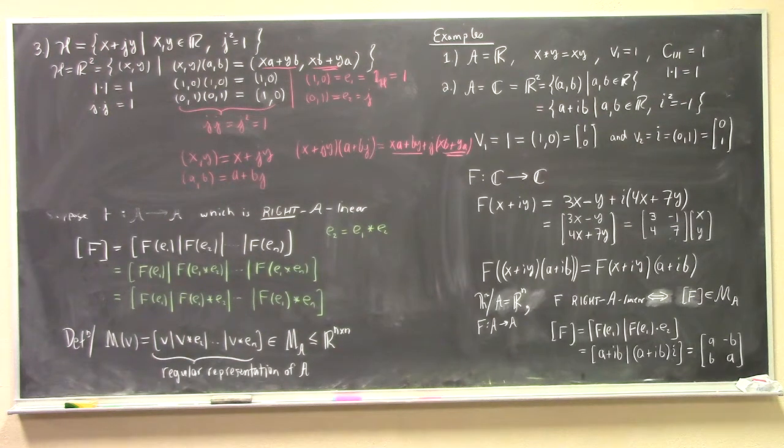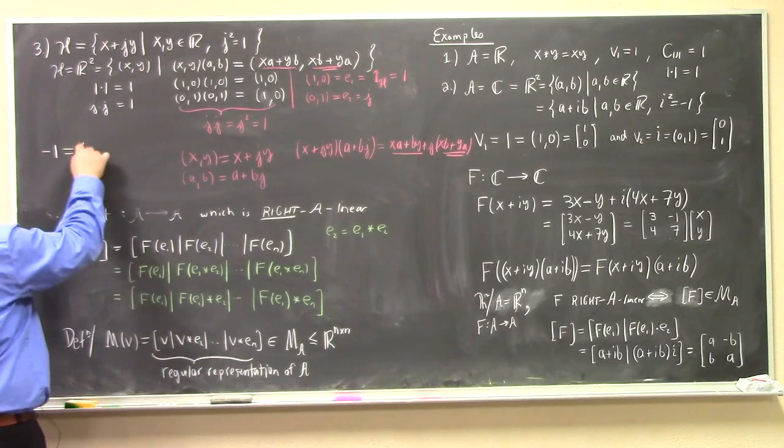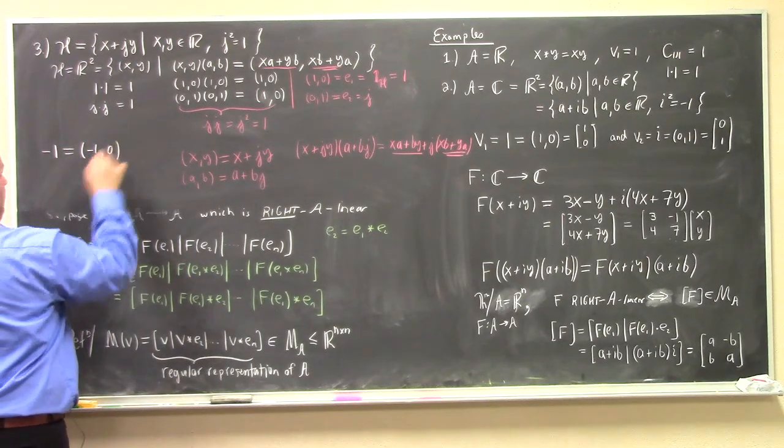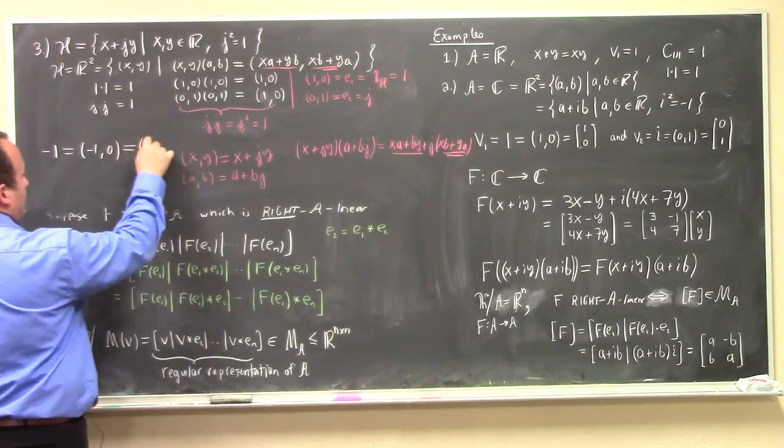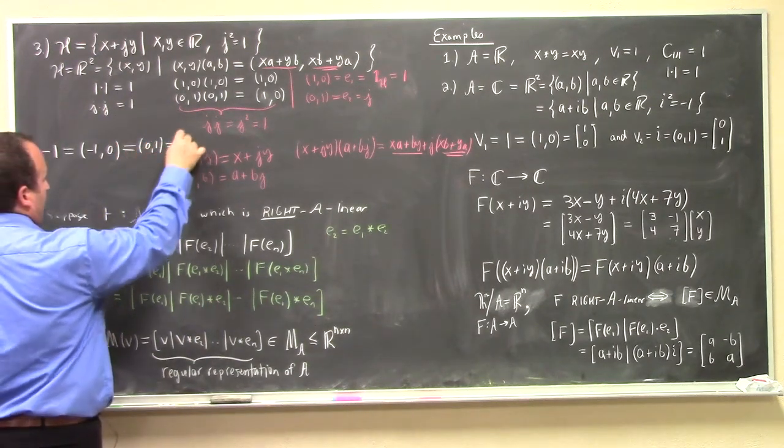Okay, so one of the criticisms of this whole world of algebra is, well, that doesn't even make sense. How can j times j be 1 and j not be 1 or minus 1? Well, it is not 1 or minus 1. It is something else. Minus 1 here is minus 1, 0, right? And that is not equal to 0, 1, which is our j.